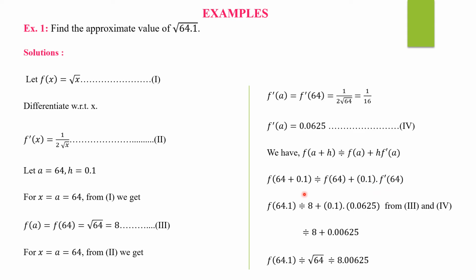Putting the values of a and h, f(64.1) ≈ 8 + 0.1 into 0.0625, from 3 and 4, equal to 8 + 0.00625. Therefore, root of 64.1 is equal to the addition of these two numbers, 8.00625.